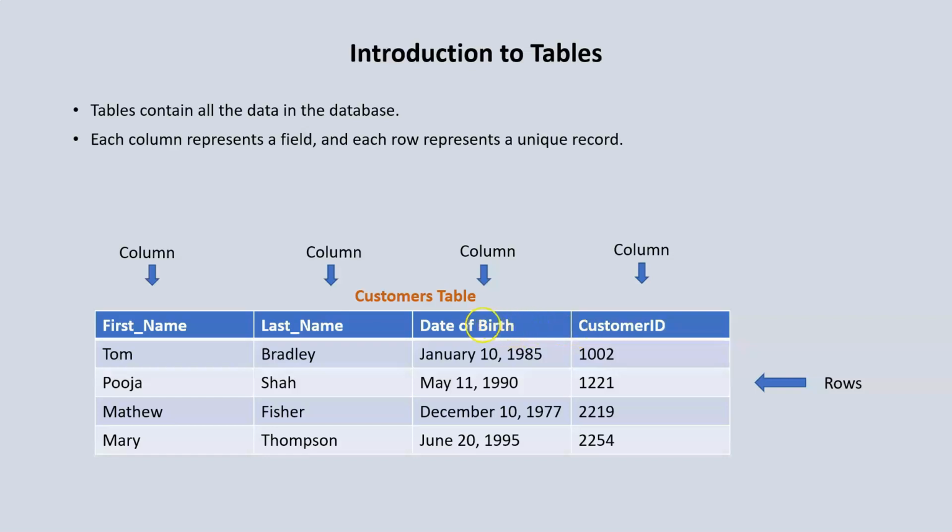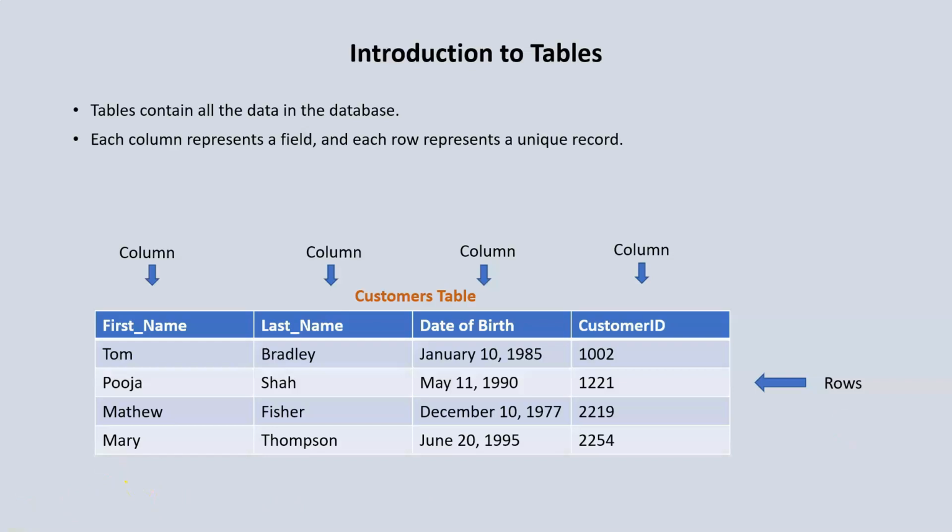So this is a date data type. If we look at the customer ID, this contains integers, all numbers, so 1002, 1221, 2219, 2254. So this is a numeric data type. So having our data inside of a table helps us to achieve structure and efficiency with our data.